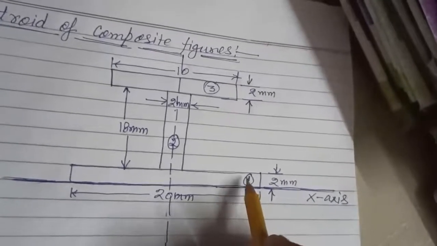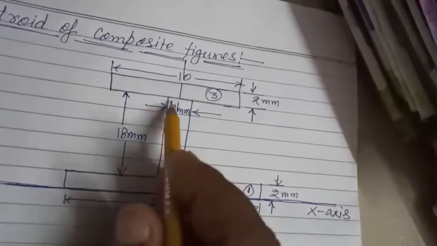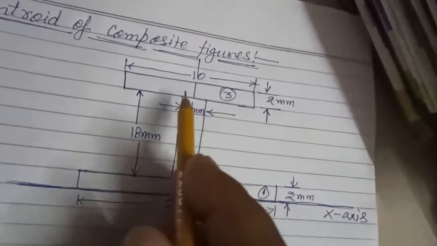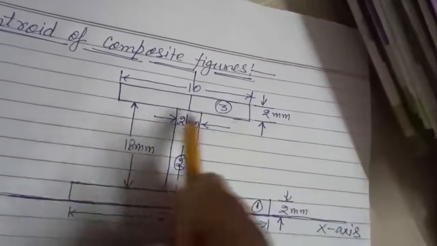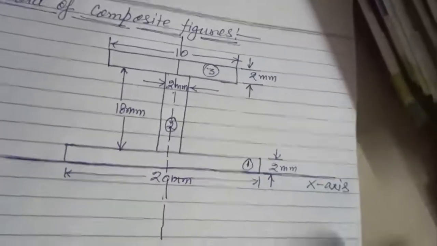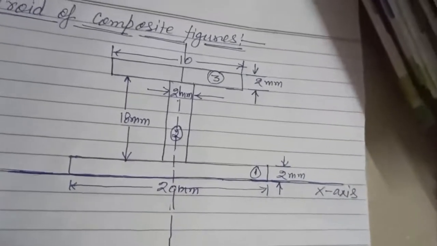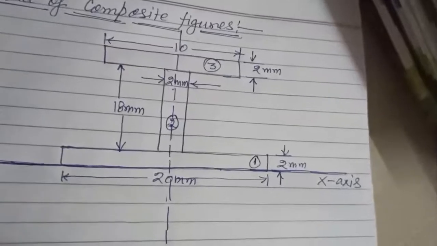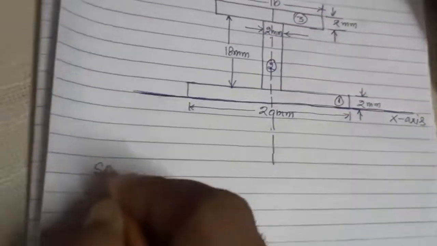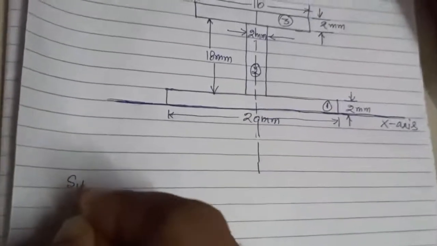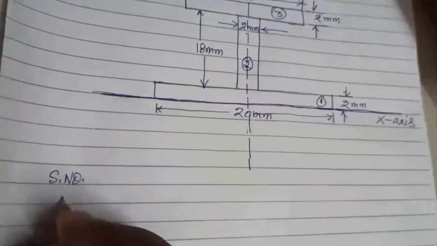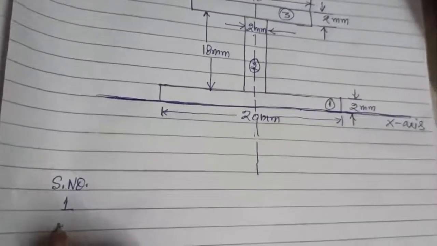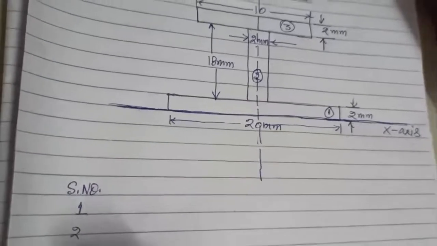Now make a table, with serial numbers 1, 2, 3.